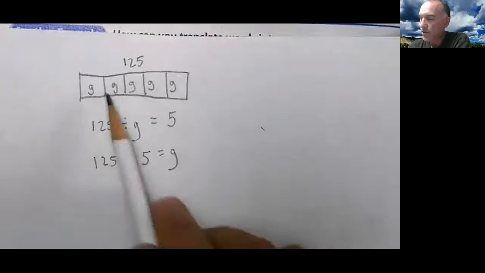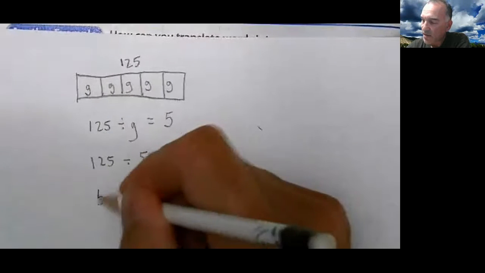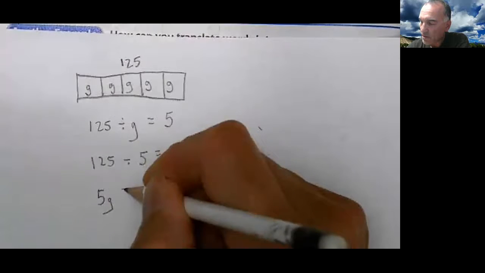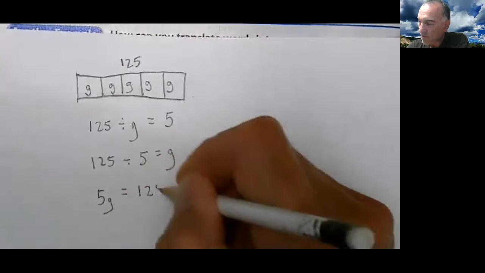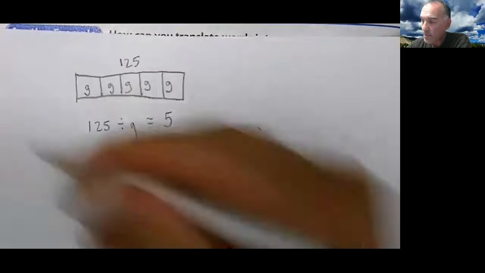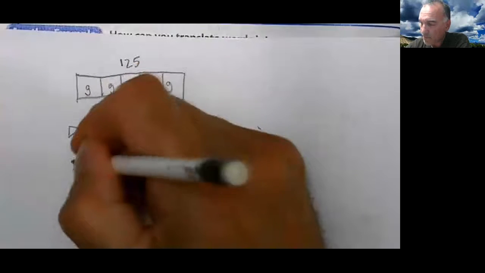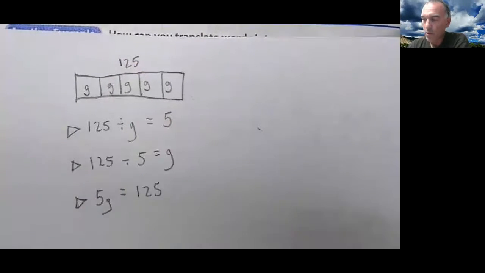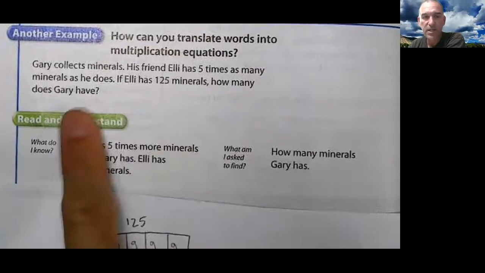Or I could do 5 times G, 5G equals 125. Any one of those would help you figure out how many minerals Gary has. How many does Gary have?